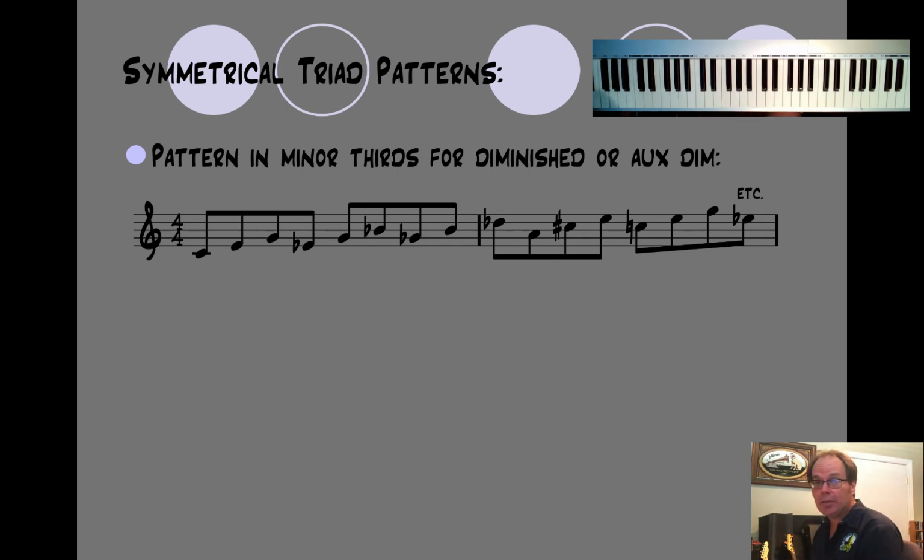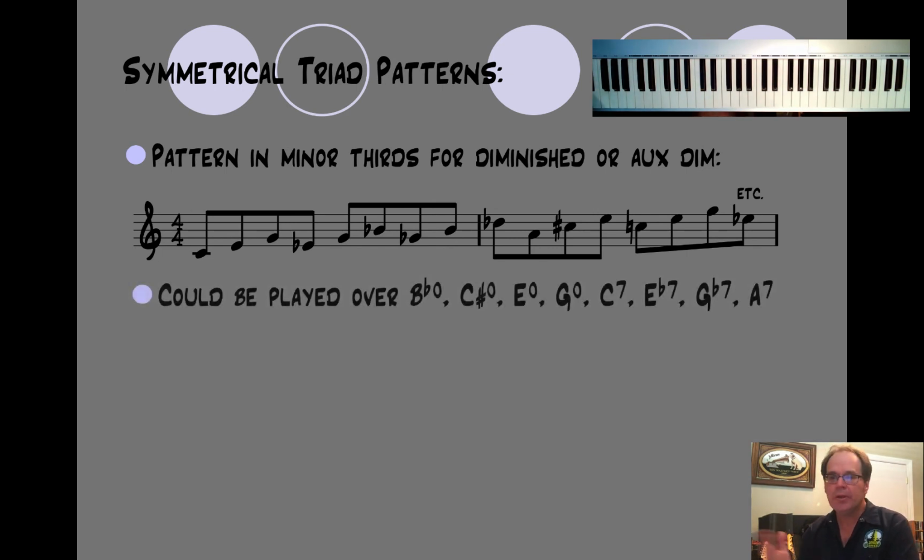You could extrapolate 2 of those. Favorite thing to do is do these 2, which are a tritone apart, right? Probably heard that sound before, right? Look at all the chords you can play that pattern over.